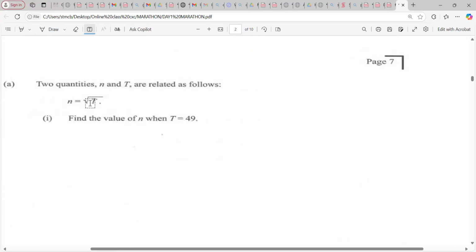It said two quantities n and t are related as follows. n is equal to the square root of t. Find the value of n when t is equal to 49.